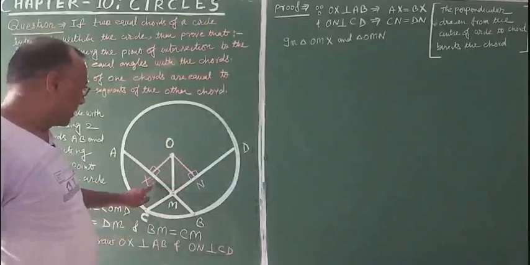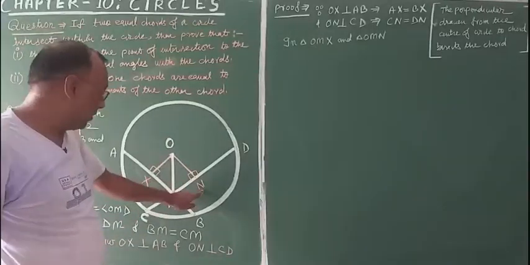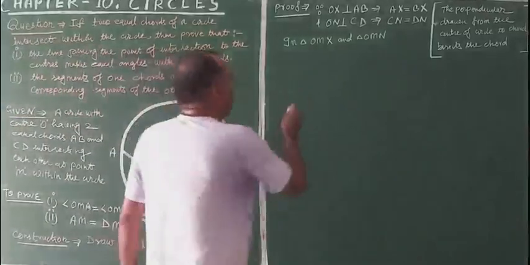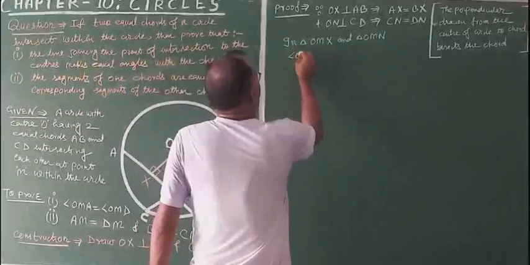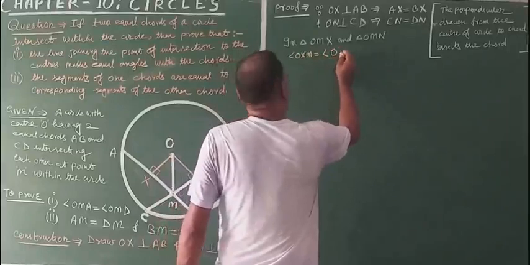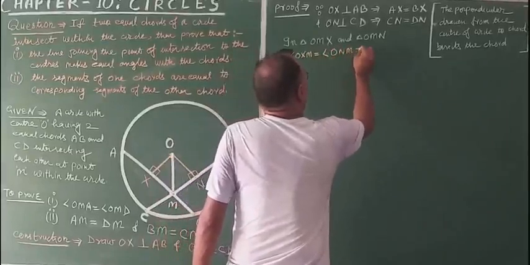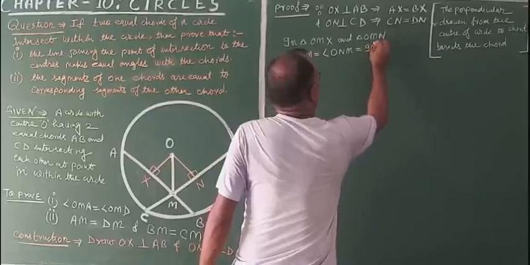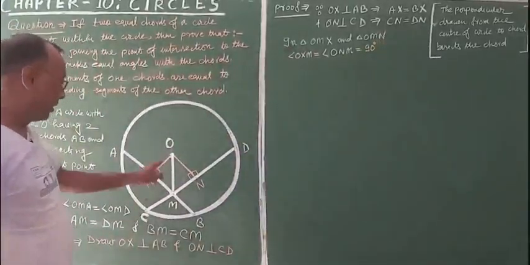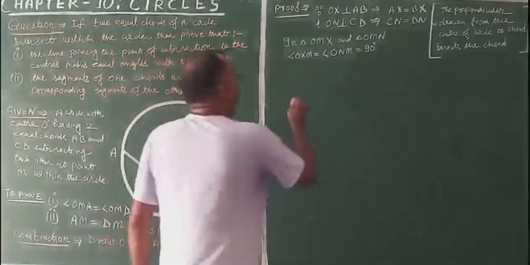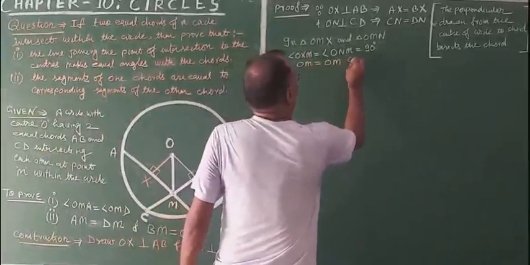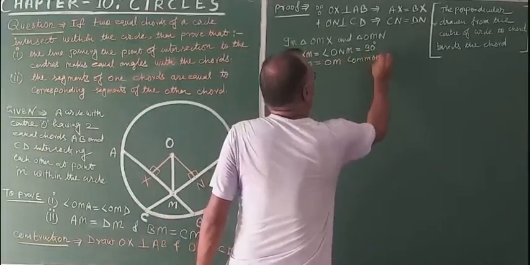The angle X is equal to the angle N. Which angle? Angle OXM is equal to angle ONM. Both are equal to 90 degrees. It is given. And this OM is common for both the triangles.